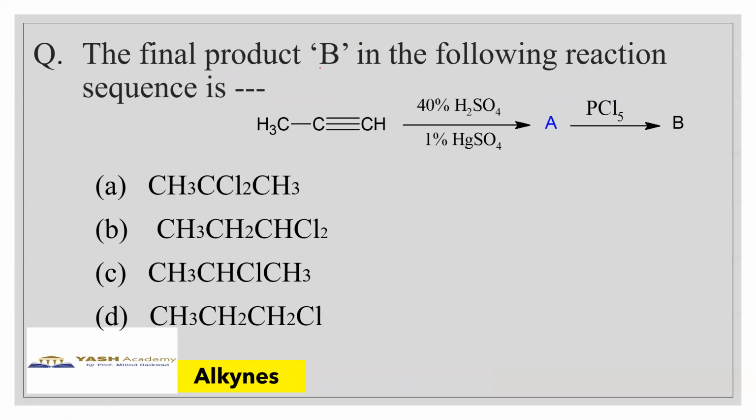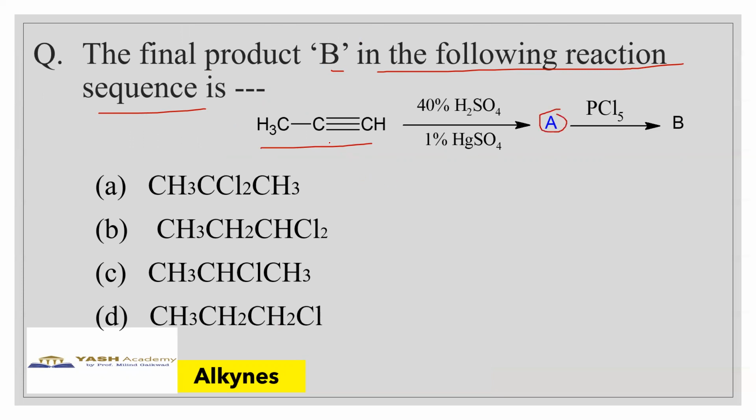Next, the final product B in the following reaction sequence is. Here methyl acetylene is given and is treated with 40% aqueous sulfuric acid in presence of 1% HgSO4. A product is formed.